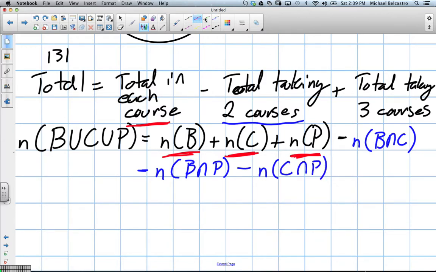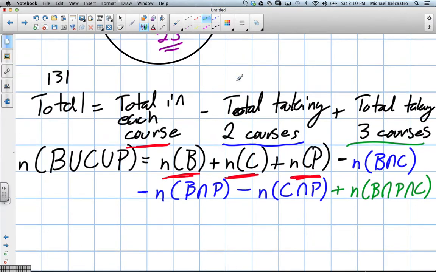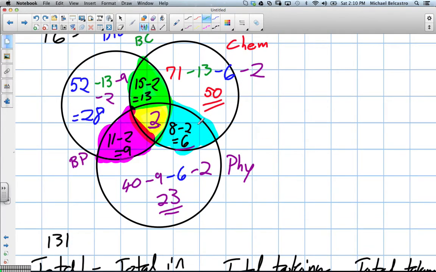And then finally, we're going to add the people who are in all three courses. So we're going to add number of people in bio, physics, and chem. Okay? This is pretty different to what we did in our Venn diagram.